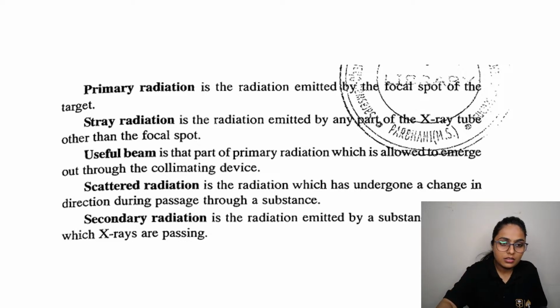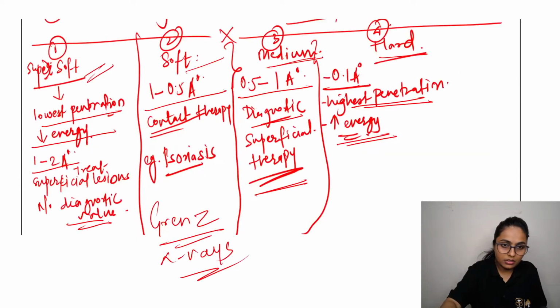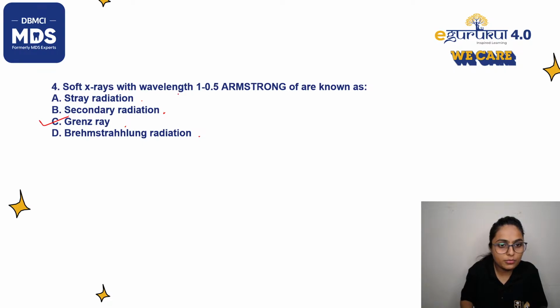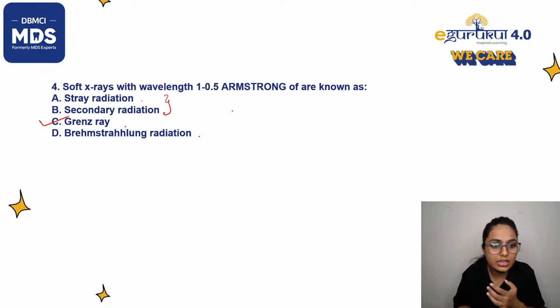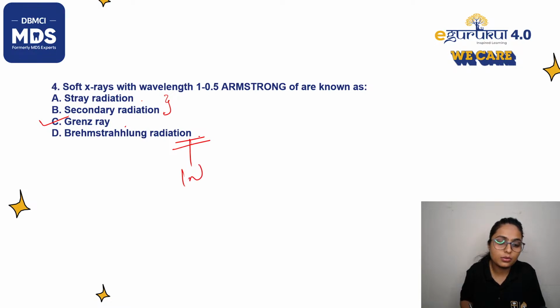All right. So as we see these options, you should know what these terminologies mean. What are stray radiation, what are secondary radiation, and what is Bremsstrahlung radiation. Bremsstrahlung occurs when there is an interaction of the electrons with the target.